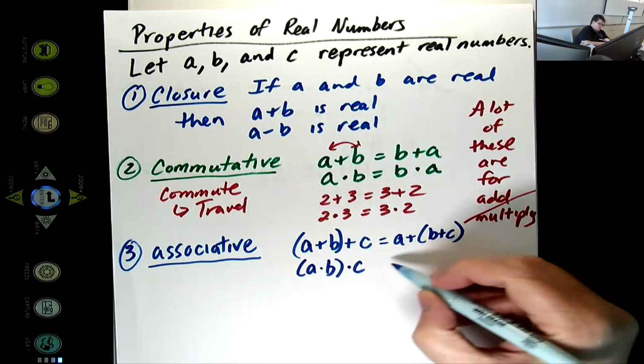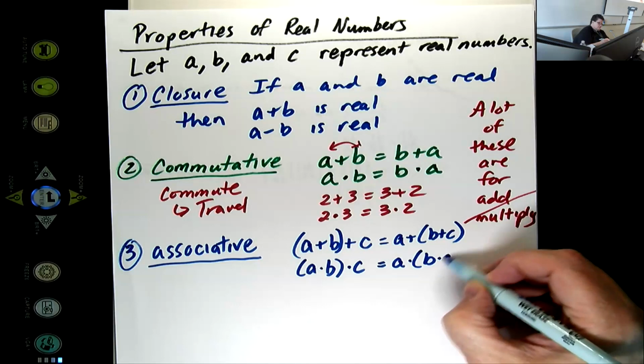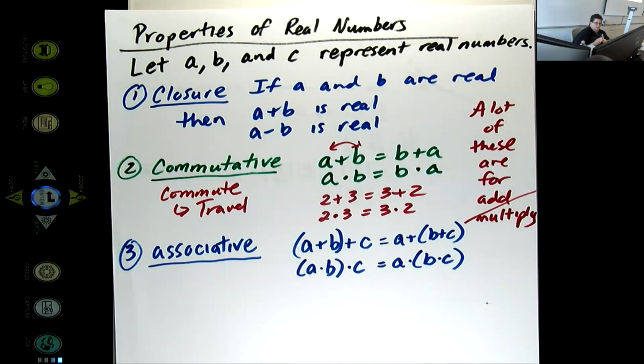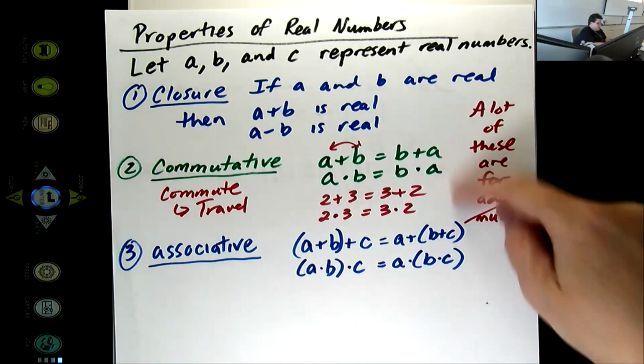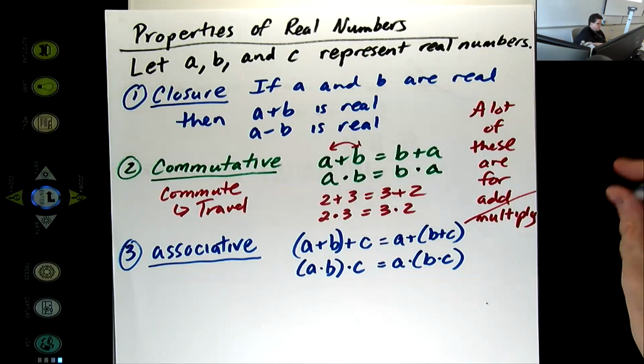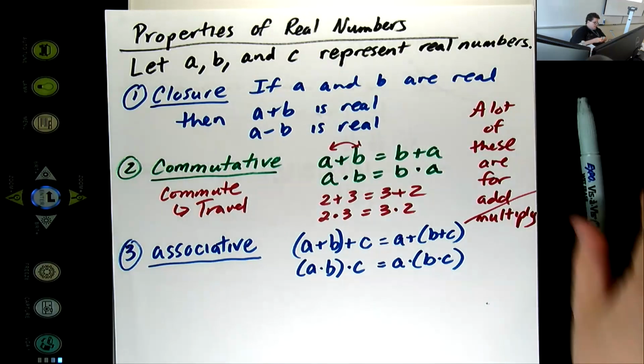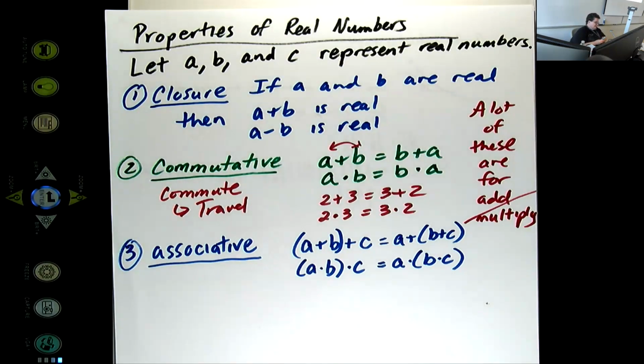I can multiply A and B first, or I can multiply B and C first. But the final outcome is the same. I actually used these in the thing I just did a little bit ago with -48 equals -44, -40, and changing around what I added. I was using some of these properties without naming them.